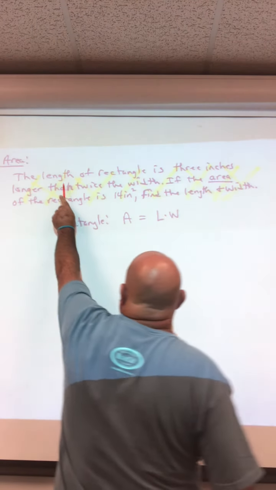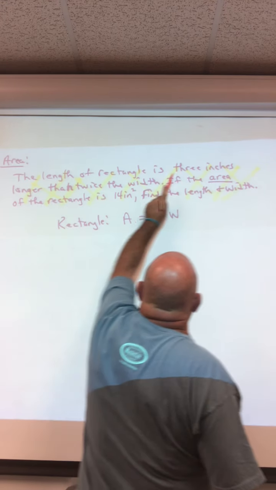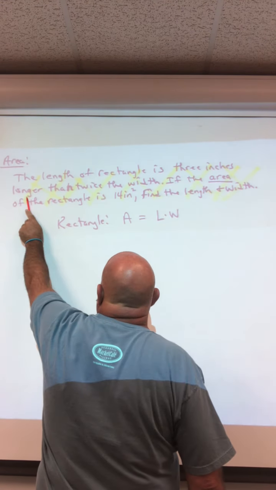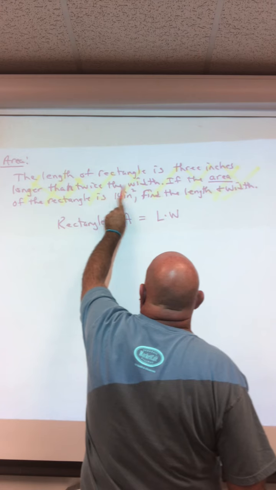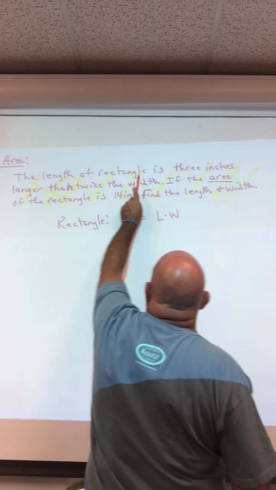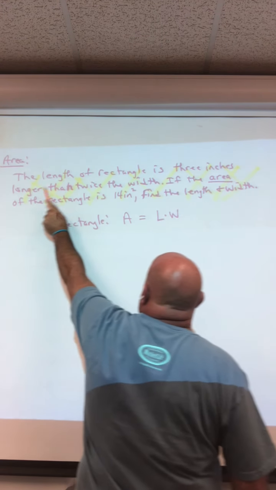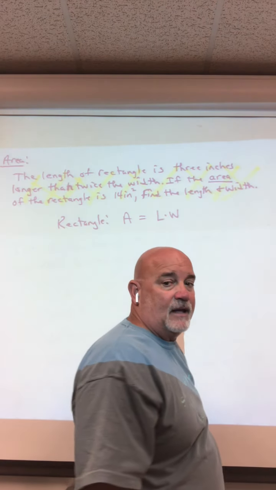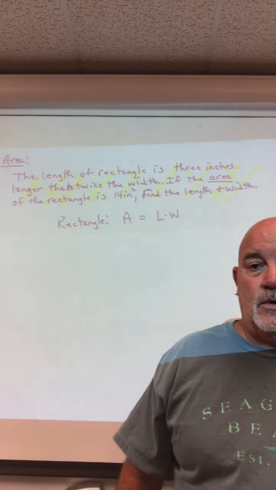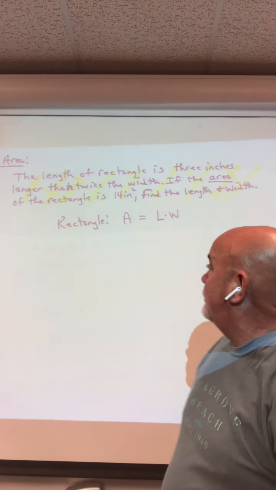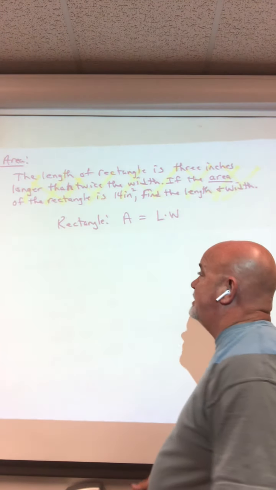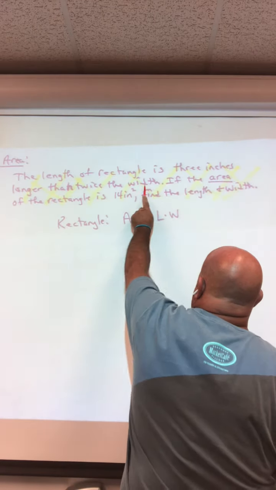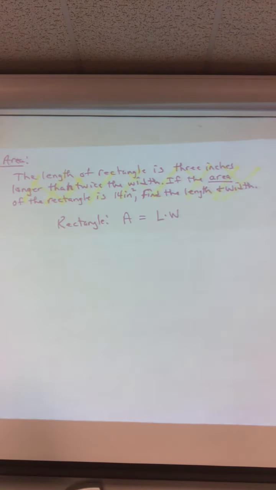It says the length is 3 inches longer than twice the width. Now, does it say anything about the width? No. Nothing. So since it mentions nothing about it, I'm going to let x be the width.